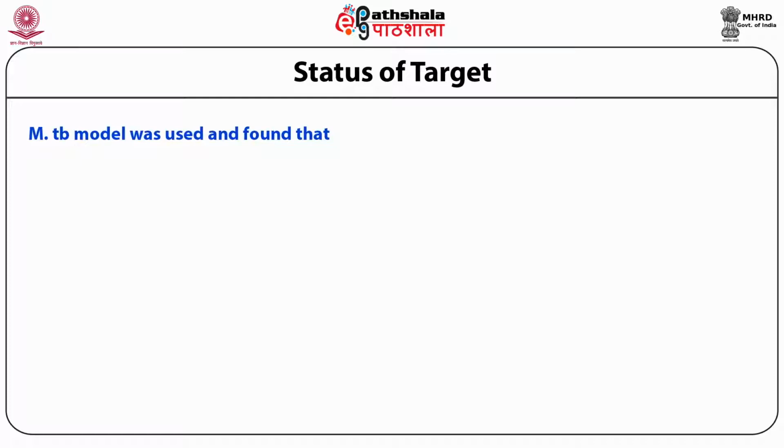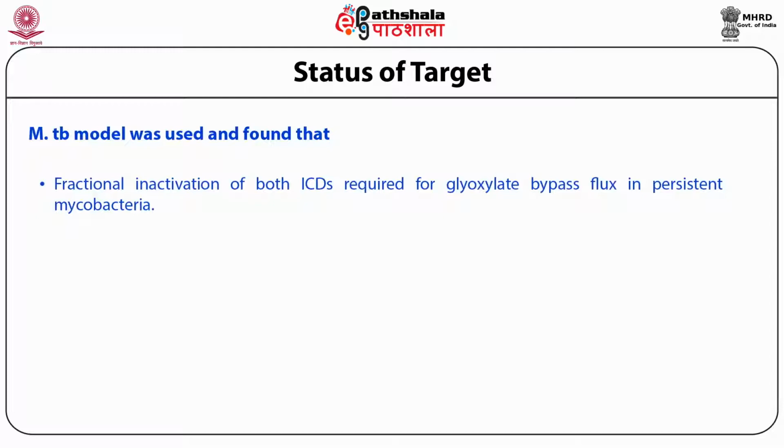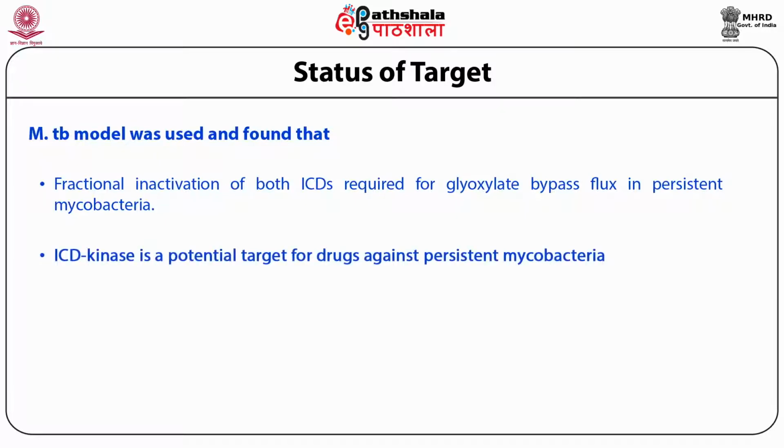What we found in this model is that fractional inactivation of ICD is actually required to go to the glyoxylate bypass in persistent bacteria, that is the shunt pathway. We also found that if we inhibit ICD kinase, then the persistent bacteria cannot grow, which previous experiments have also confirmed.